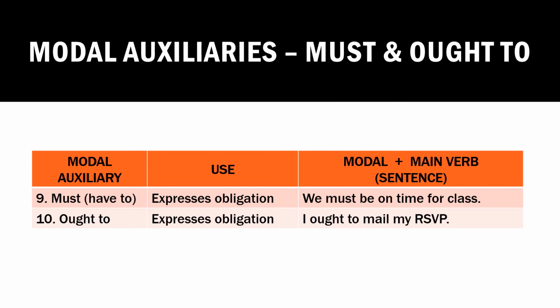And ought to, I ought to mail my RSVP. Okay, this is like a should. Should and ought to are almost similar. I should mail my RSVP, or I ought to mail my RSVP. So these are the different uses in sentences of the small little words called modal auxiliaries.